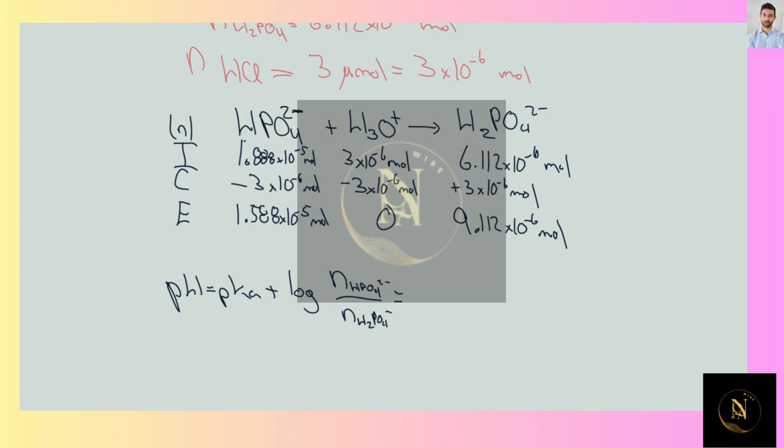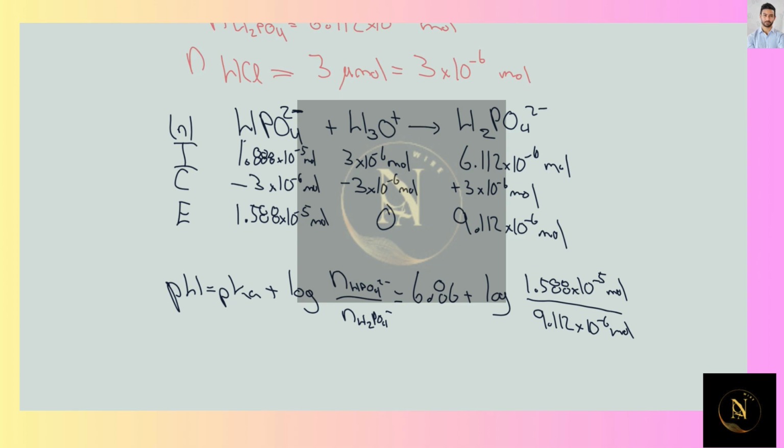This is equal to 6.86 plus the logarithm, the amount of mole of HPO4 2 minus that we have is 1.588 times 10 to the minus 5, divided by 9.112 times 10 to the minus 6.